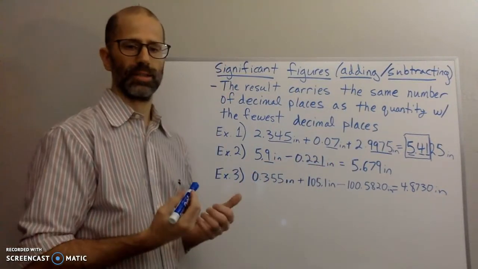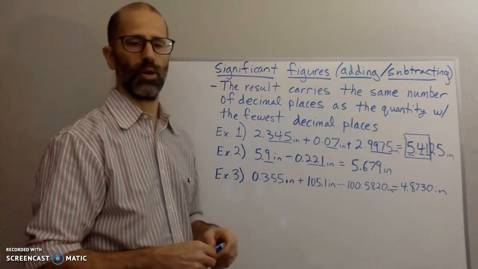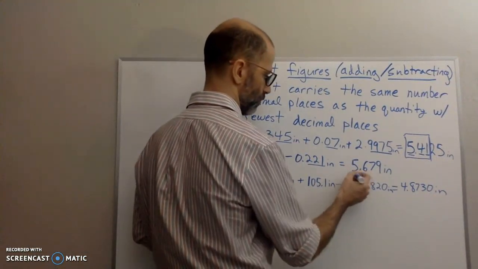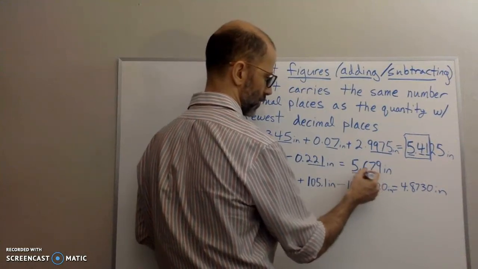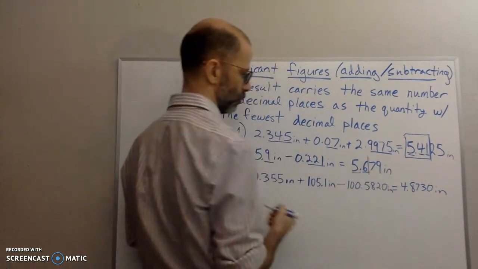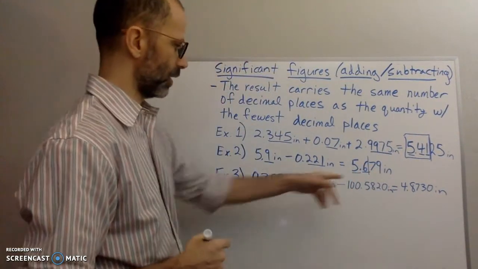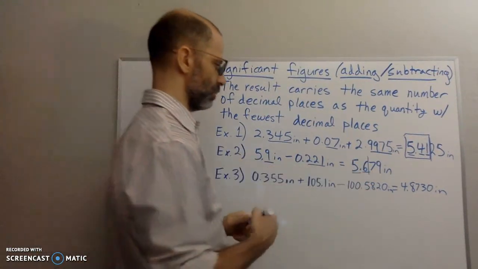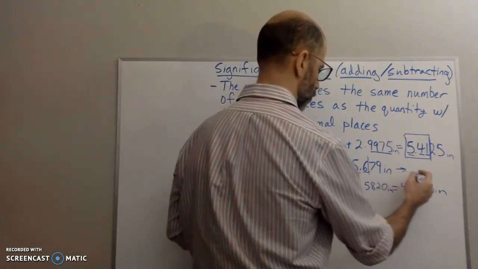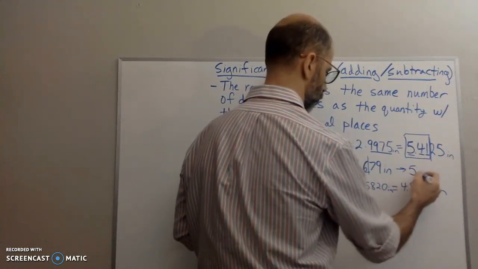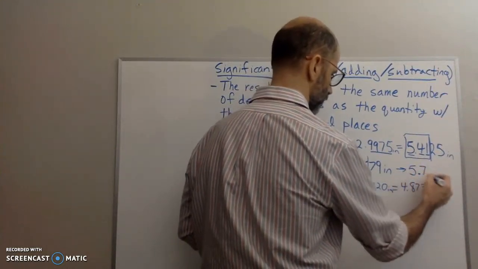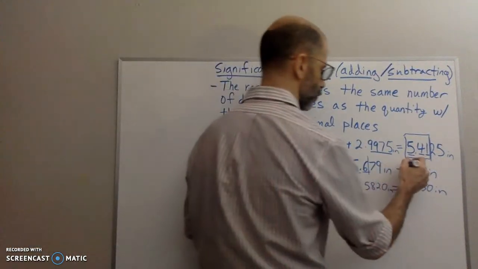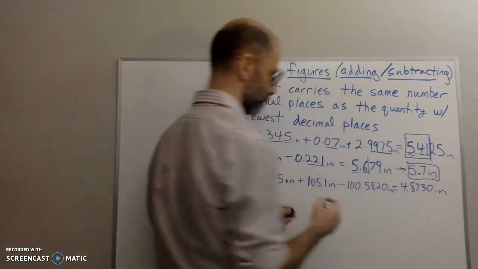So 1 is less than 3, so your answer can only have 1 decimal place. You can keep the 5 and you can keep the 6. After the 6, you chop it off. Because this is a 7, you round the 6 up to 7. So you would report 5.7 inches as your answer.